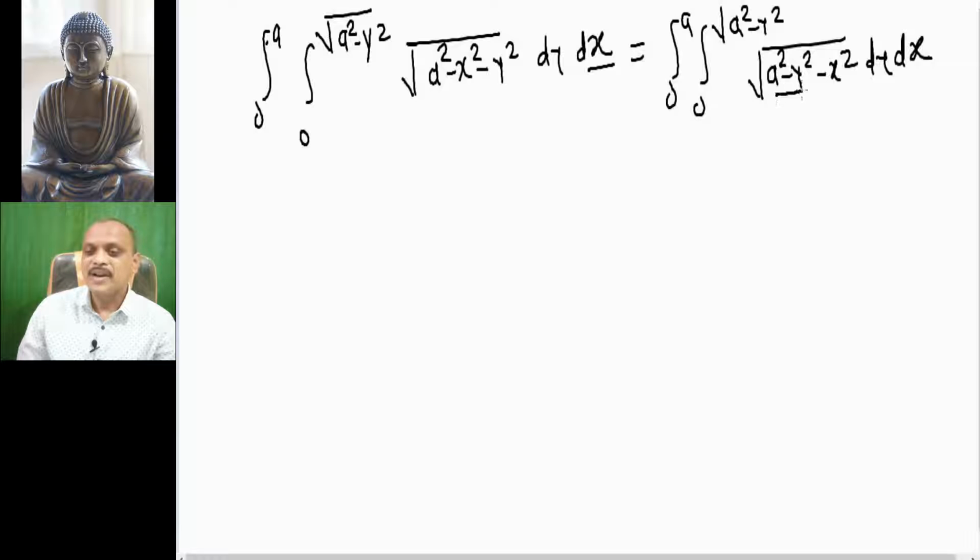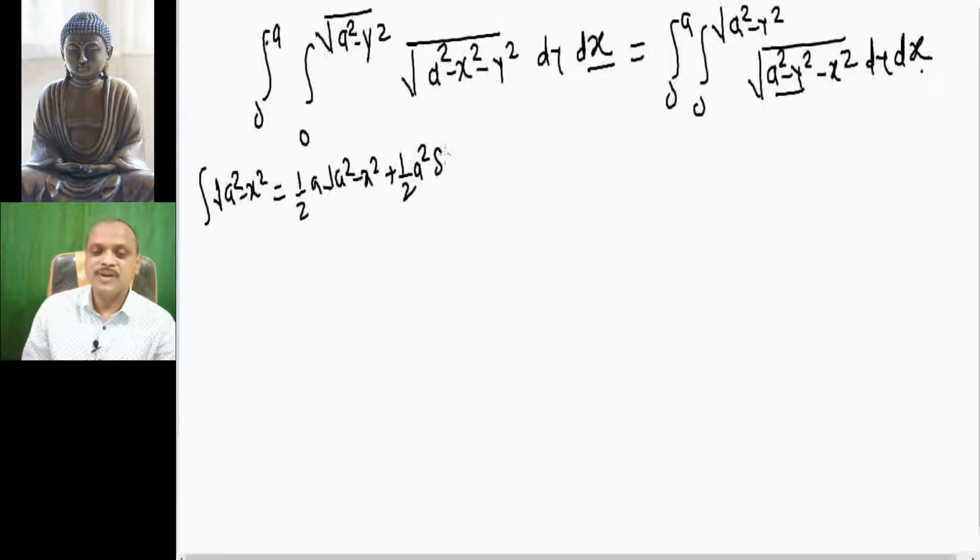Friends, a square and y square are constant when we integrate this with respect to x. We have a standard formula: integration of under root of a square minus x square equals 1 by 2 x under root of a square minus x square plus 1 by 2 a square into sine inverse of x divided by a. This is the standard formula. Let us apply that.